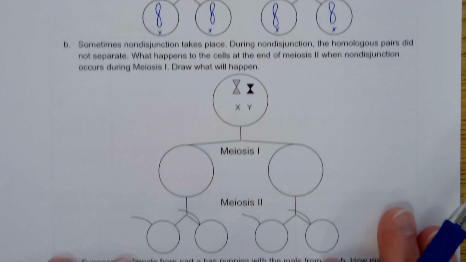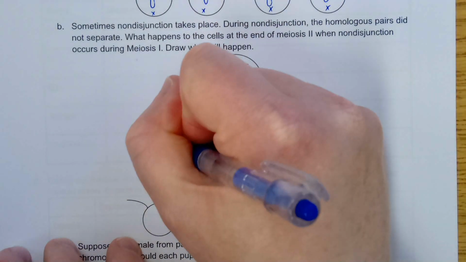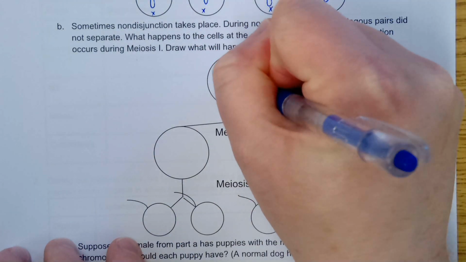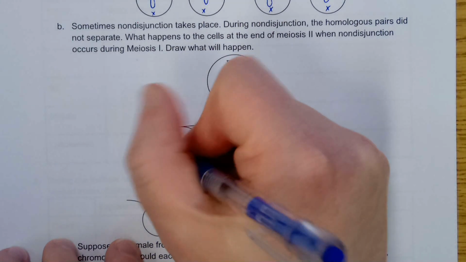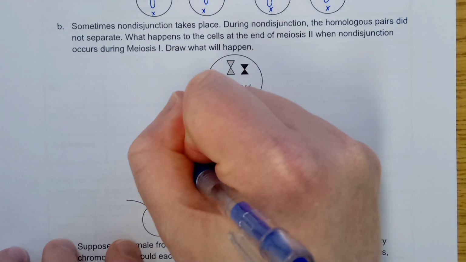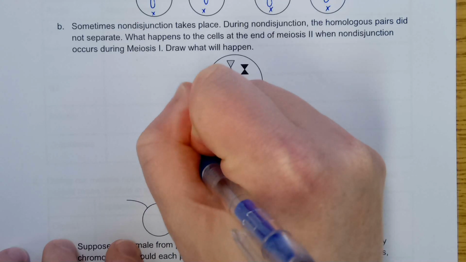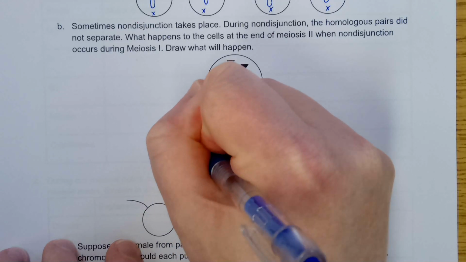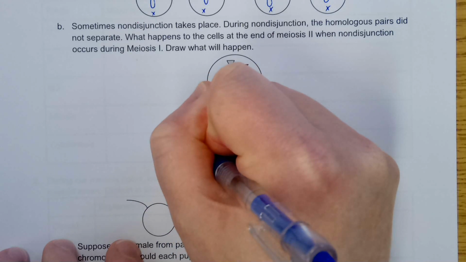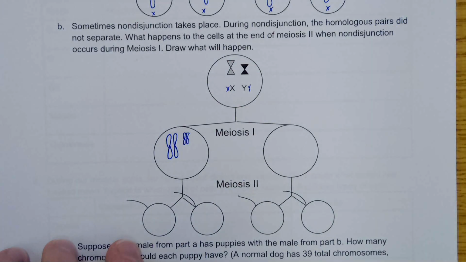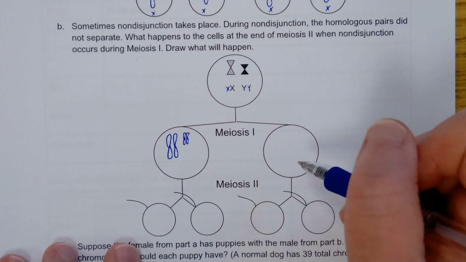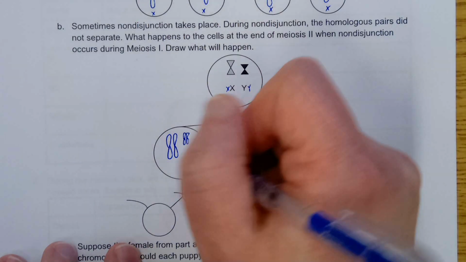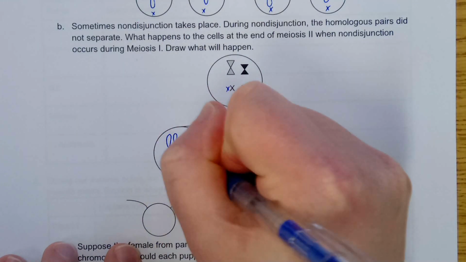Over here, instead, the X and the Y, keep in mind there's technically two X's and two Y's here, are going to get separated into this cell, and this poor cell doesn't get anything. Okay, so all the X's and the Y's end up over here.